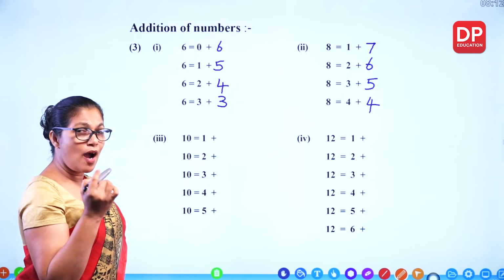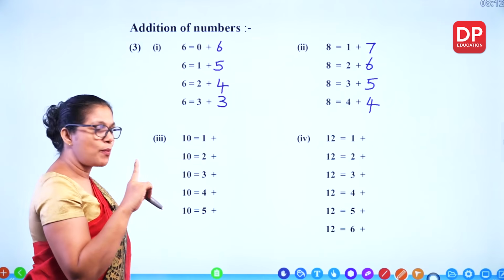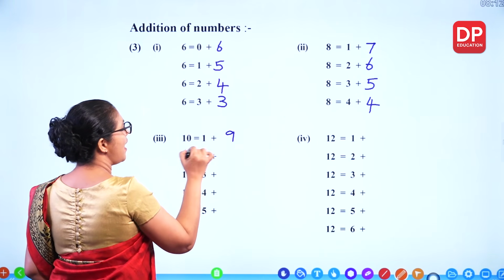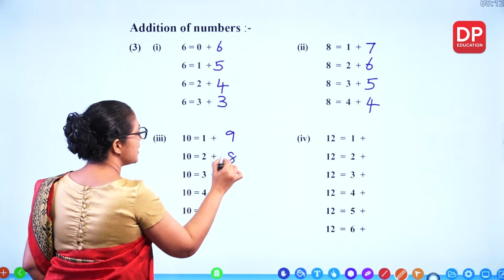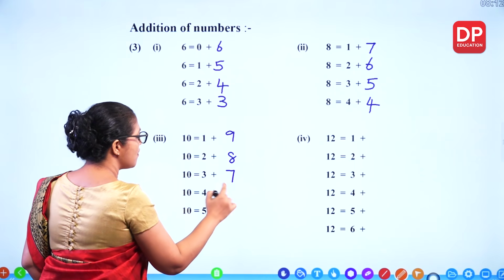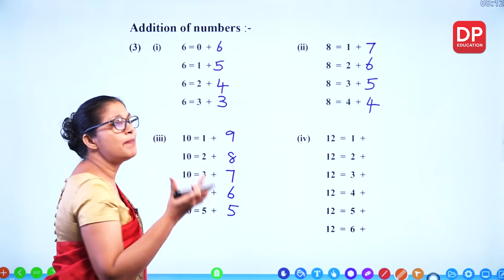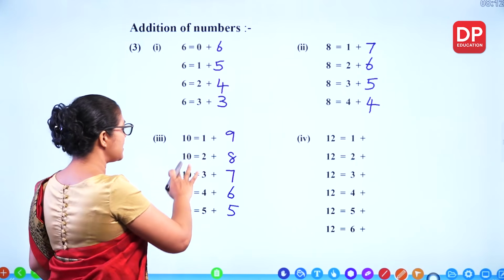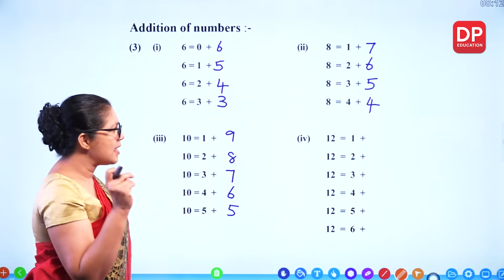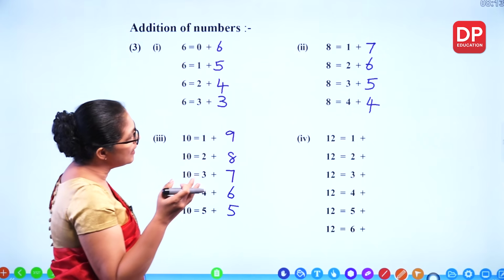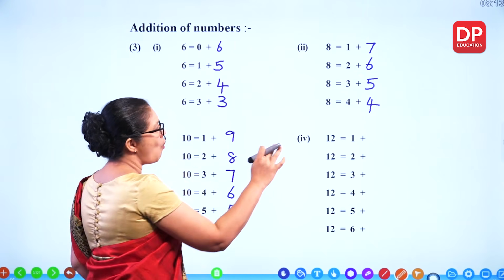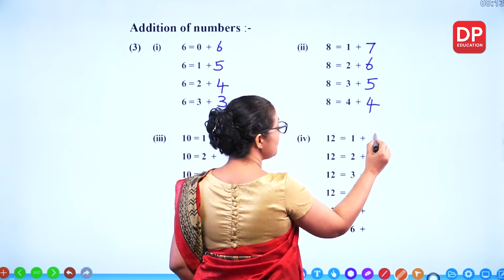Look at this one. How you get 10? 1 with 9. 2 with 8. 3 with 7. 4 with 6 and 5 with 5. These are the possibilities. You can get 10 with 1-digit numbers. 12. What are the ways we can get 12? 1 with 11.